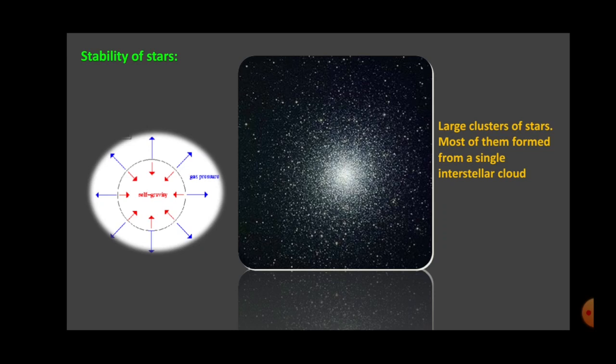The gravitational force acts inwards towards the center, whereas the gas pressure acts outwards, and thus the stability of the stars is maintained. As you can see in the picture, the gravitational force works towards the center of the star and the gas pressure works towards the outside, and because of these two, the balance is maintained and the stars become stable.